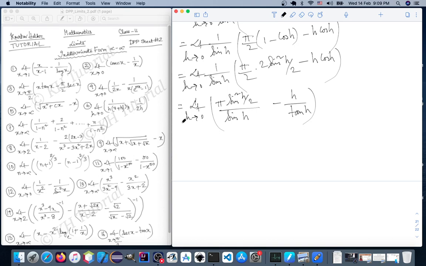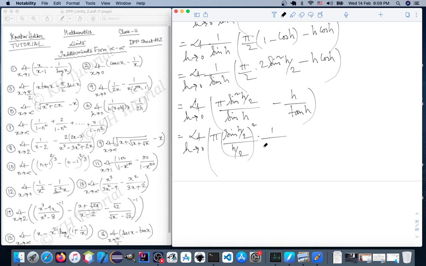Now I would like to have h by 2 whole square below sine square h by 2 and also this h below the sin h, so that I can apply the formula of x tends to 0 sin x by x, whose limiting value is 1. So I will rewrite this as h by 2 divided by h by 2 whole square.